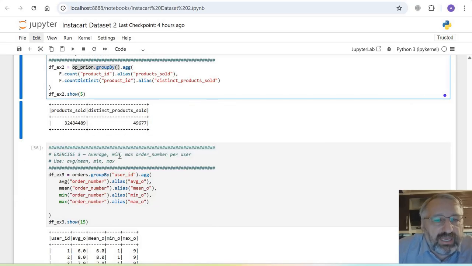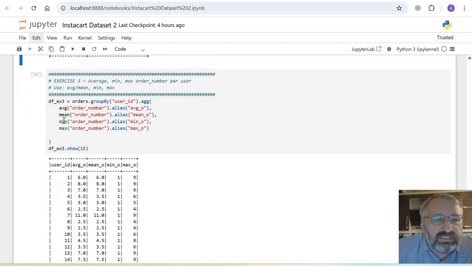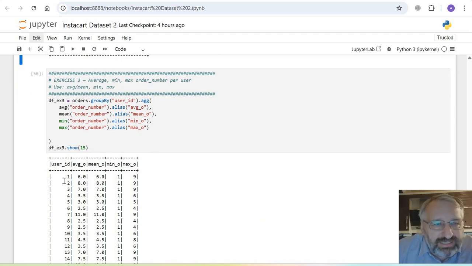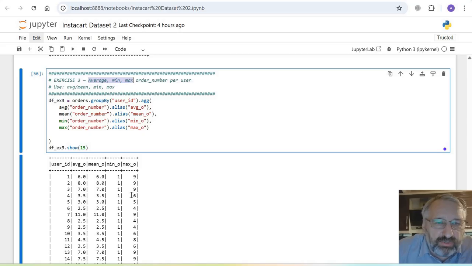Exercise number 3. Calculate average, mean, max order number per user. So this is a simple exercise. We take some user and we do these aggregations on its order number.